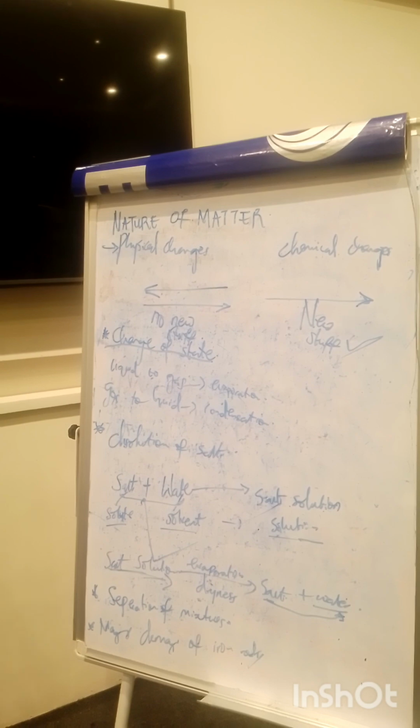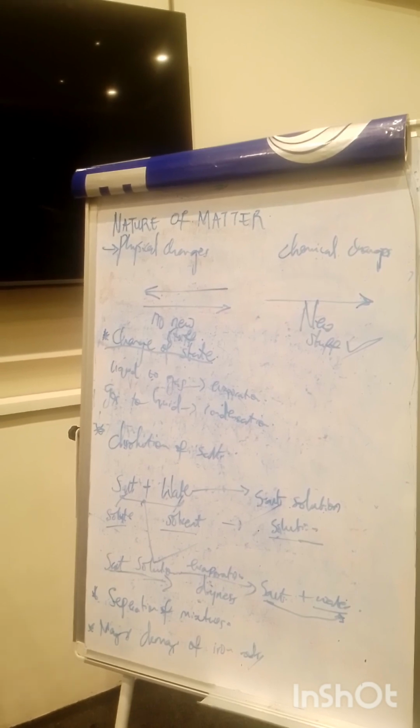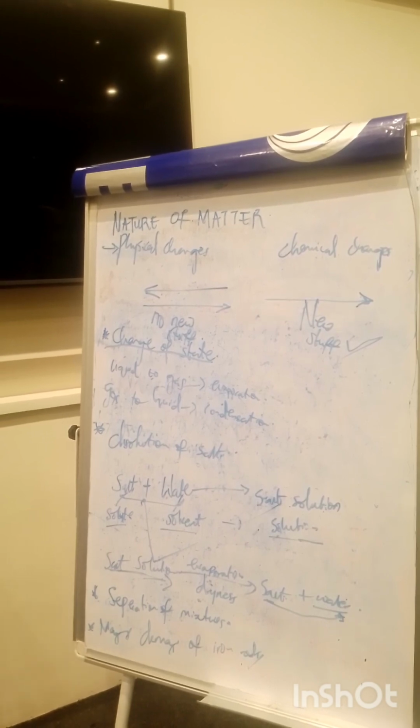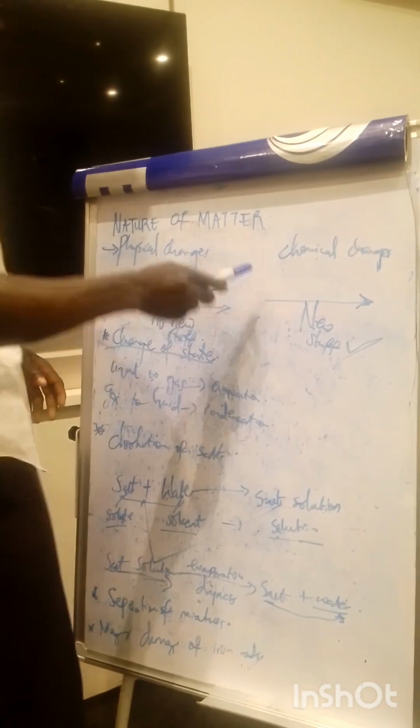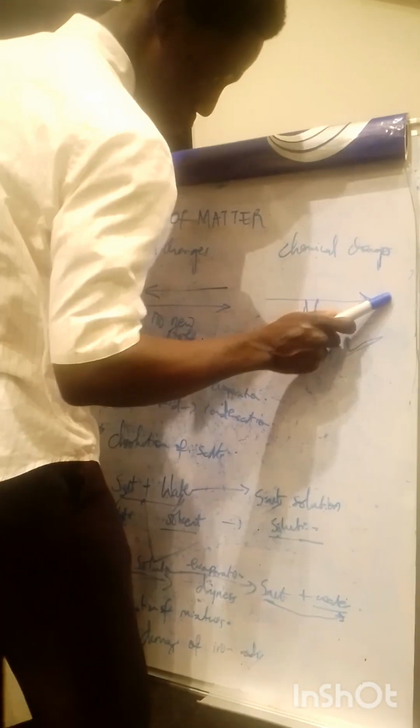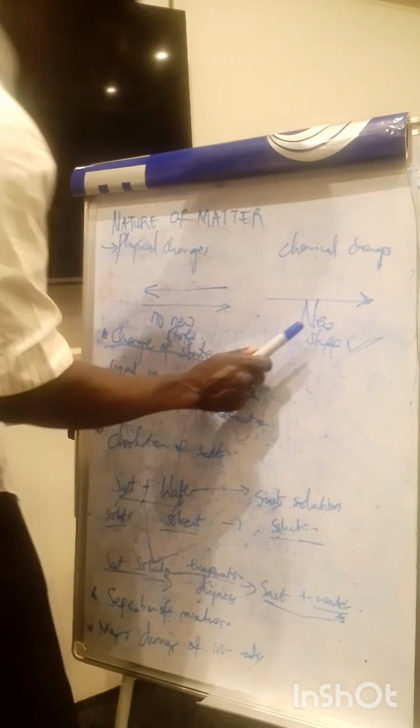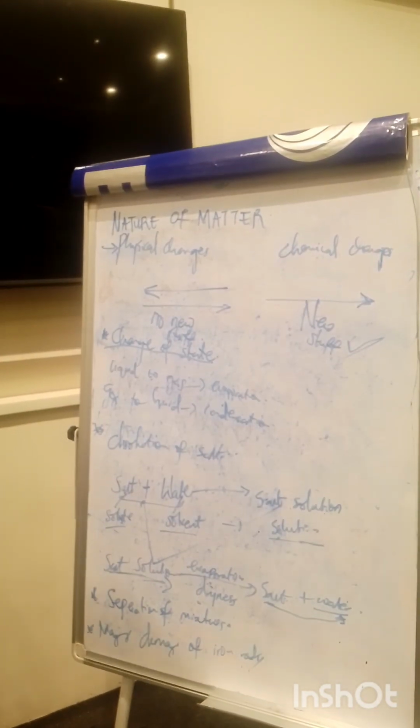As for chemical change, I said that a chemical change is the one which is not easily reversible and new substances are being formed. For example, your wood.